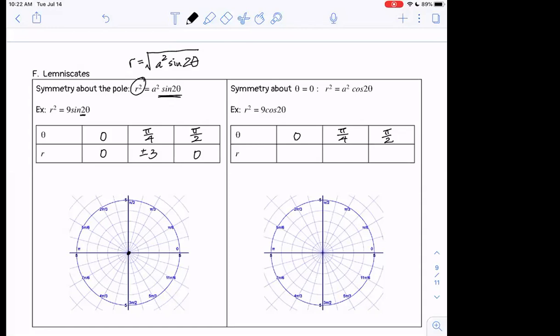So if we start to plot these points, we've got our point at the origin, 0, 0. And then at pi over 4, we're going to go out 3 circles. And at pi over 2, we're going to be back at 0. And so this gives us our first petal.